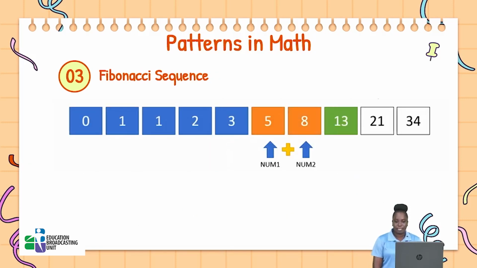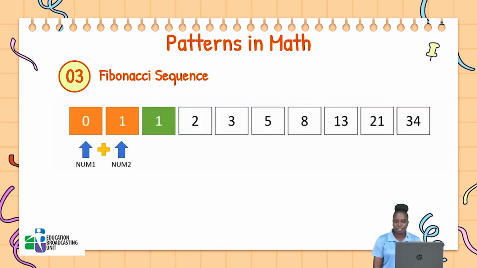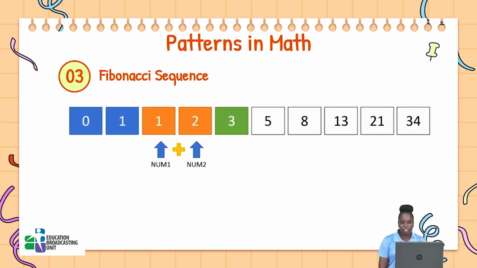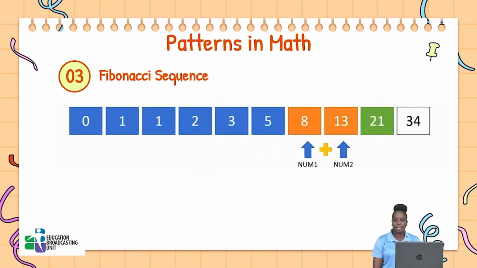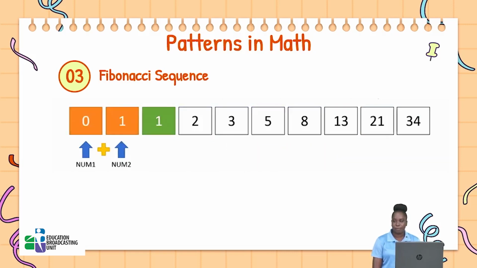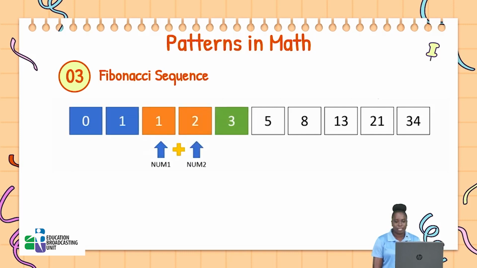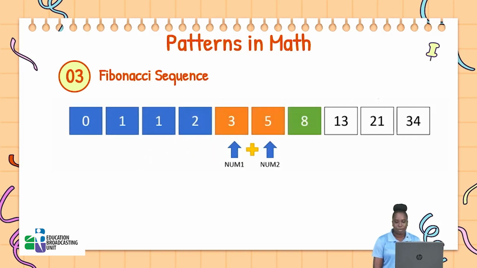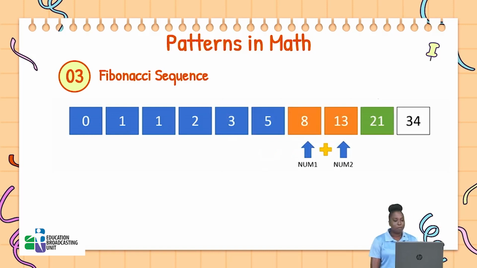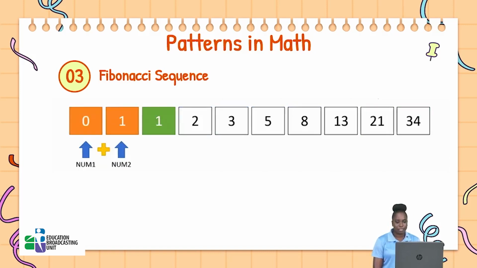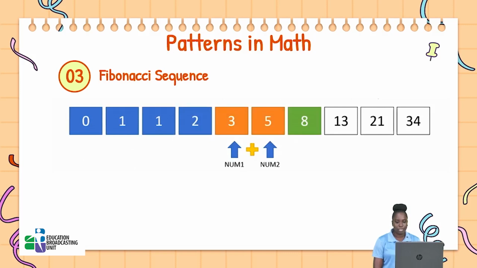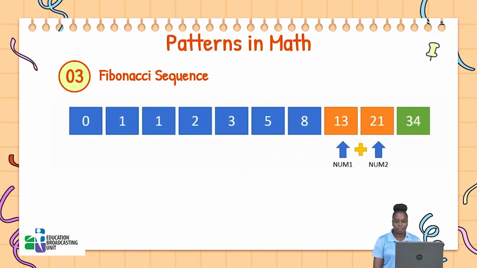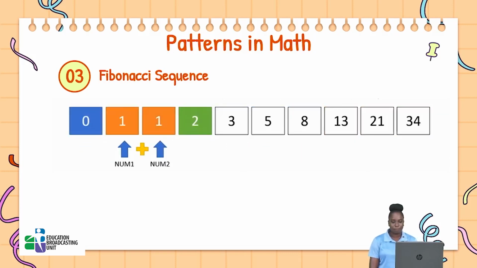The Fibonacci sequence is a pattern of numbers in which each number in the sequence is obtained by adding the two previous numbers together. The sequence starts with 0 and 1. Observe this Fibonacci sequence: 0, 1, 1, 2, 3, 5, 8, 13, and so on.